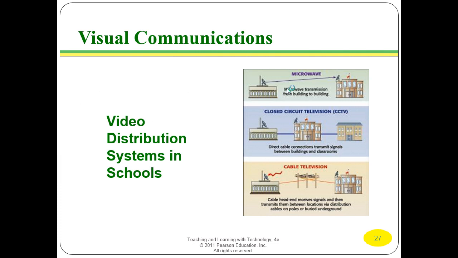Closed circuit television, which will go by cable, and then of course your regular cable television that has a satellite downlink and then taps into the cable network that's laid out, and then schools just utilize a portion of that.